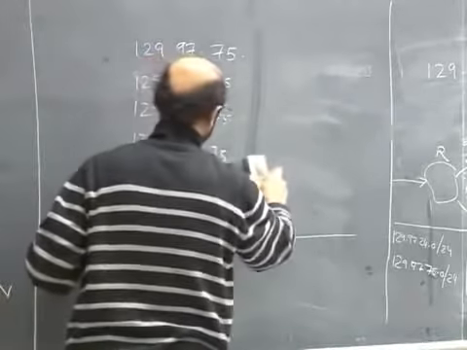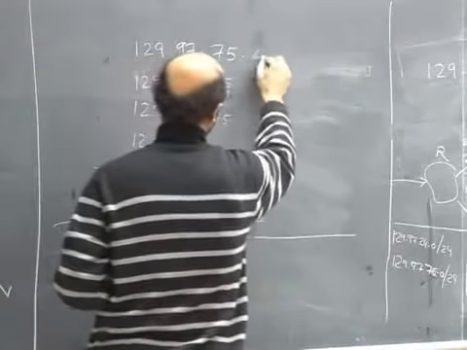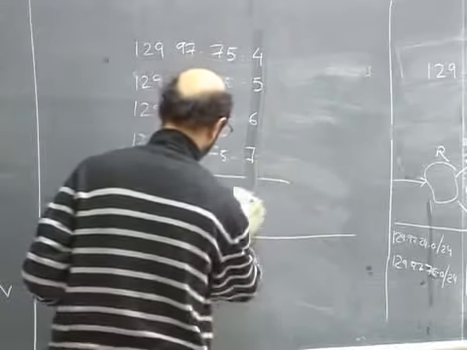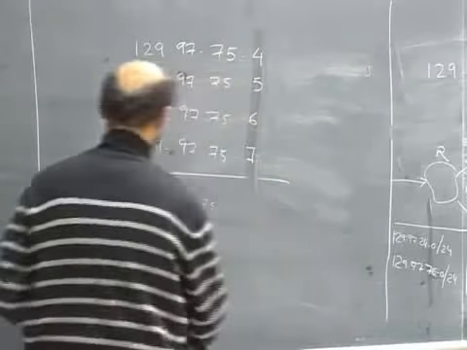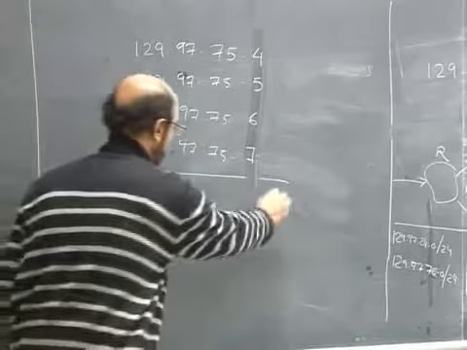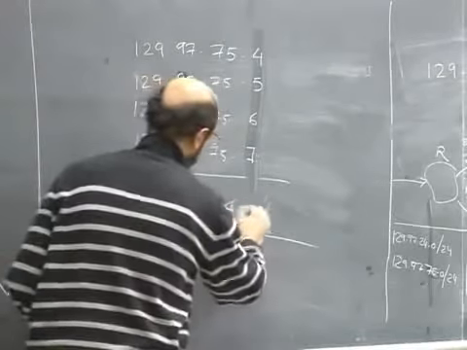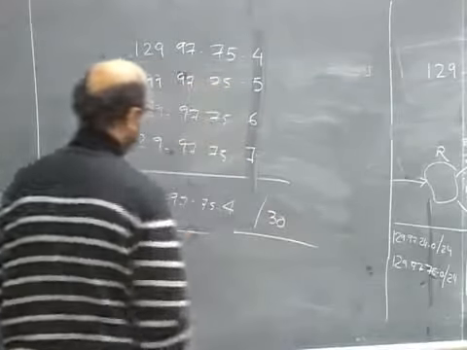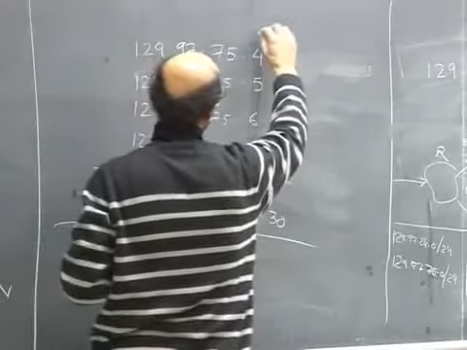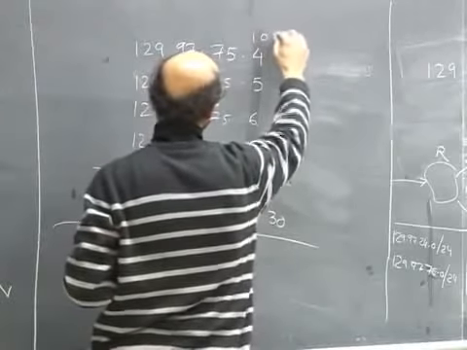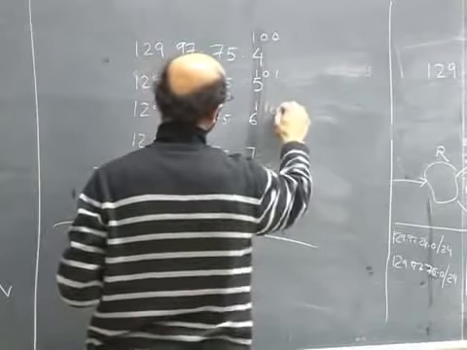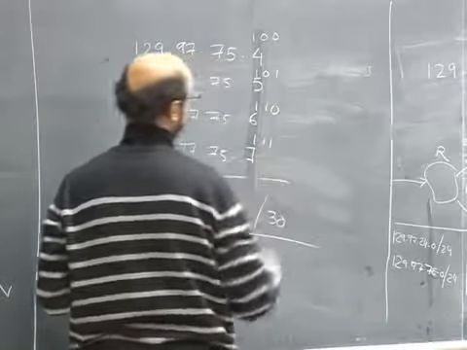Now I'm going to make it 4, 5, 6, 7. What is this going to look like? 129.97.75 dot what, slash what? Okay, it's 4/30. Why is it 4? Because basically this is going to be 100, 101, 110, 111.